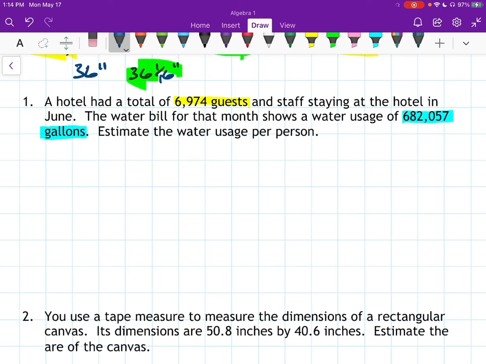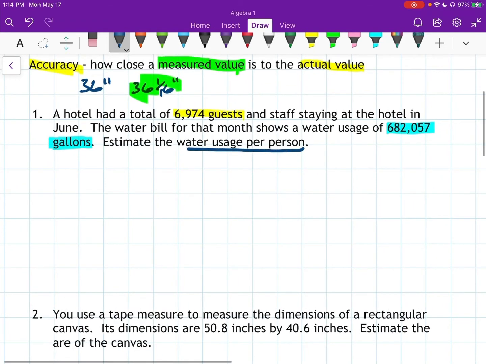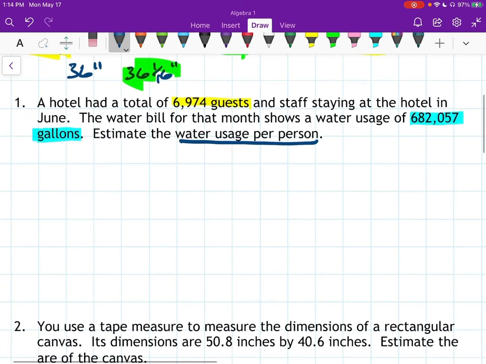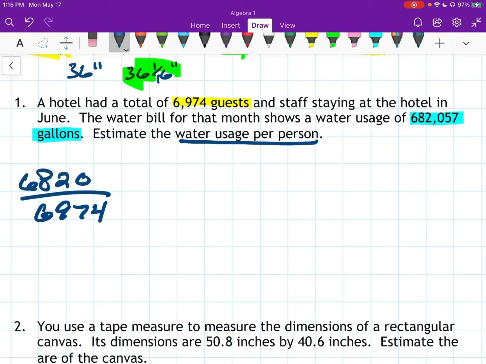So to figure out the water usage per person, we're going to take our people. So what is that? 6,974. And we're going to divide 6,82057. We're going to divide gallons divided by people. And whenever I type that in the calculator, 6,82057 divided by 6,974, I get 97.79 repeating.